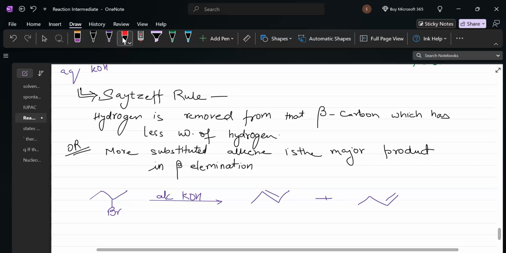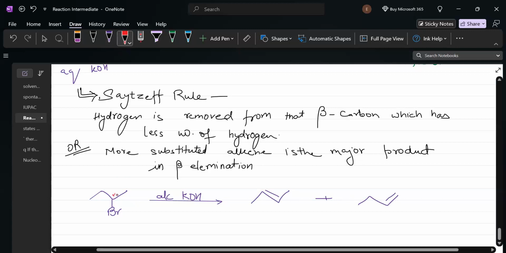How many alpha carbons are there? Only this one, right? One, sir. How many beta? Two, this one and this one, right? So this compound is not symmetrical.